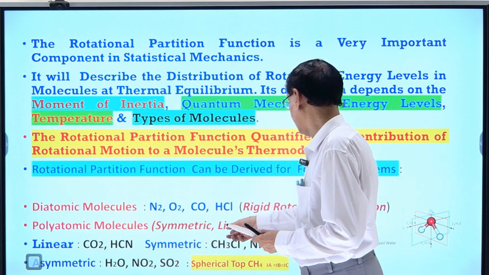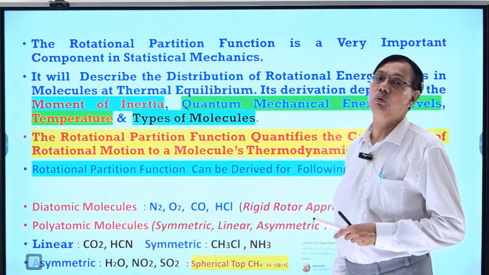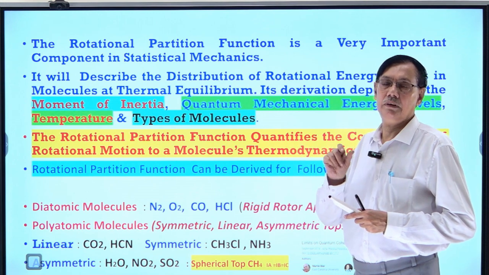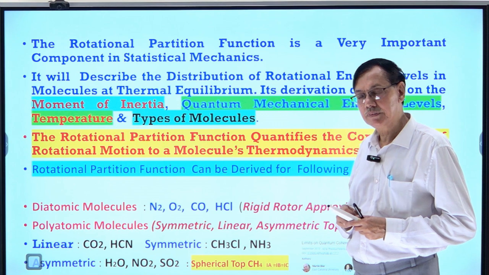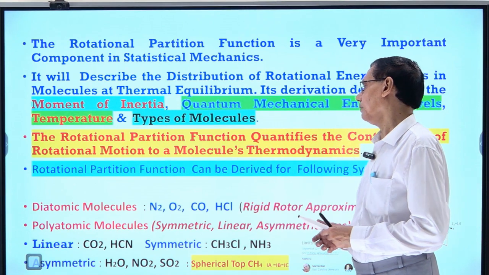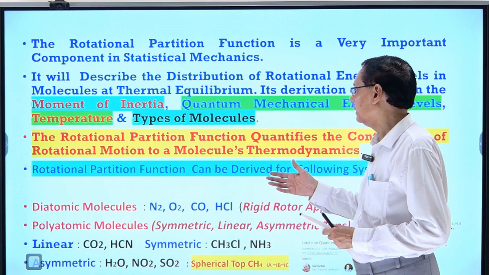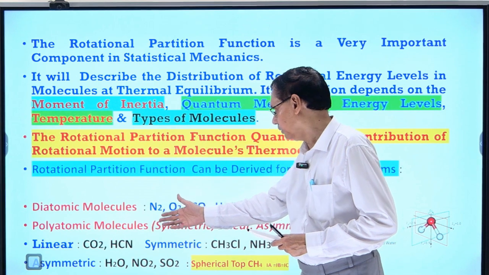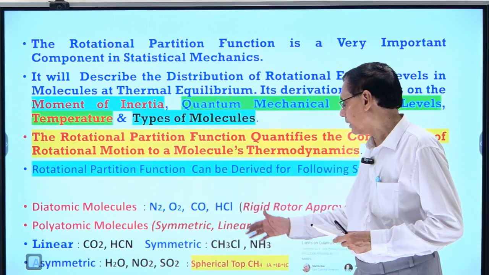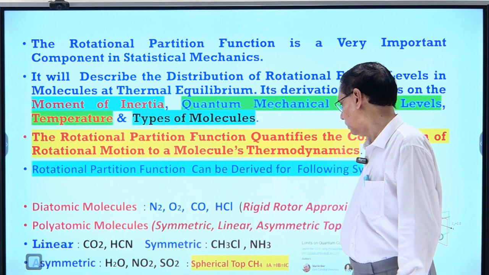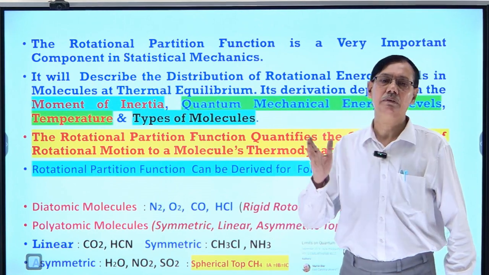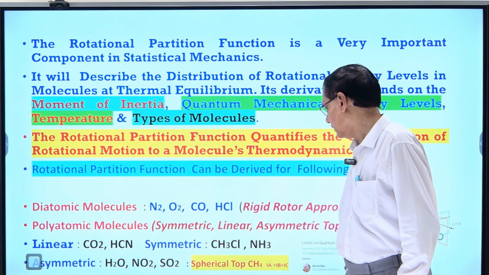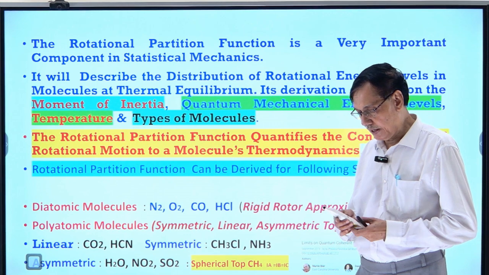Whereas, if I am taking methane, CH4, the moment of inertia will be the same. So, depending upon the type of molecule, we have to calculate the rotational partition function. You can divide it by whether it is a diatomic molecule or polyatomic molecule, linear or symmetric type of molecule, and where all the moments of inertia are equal, such type of molecule is called a spherical top type of molecule.